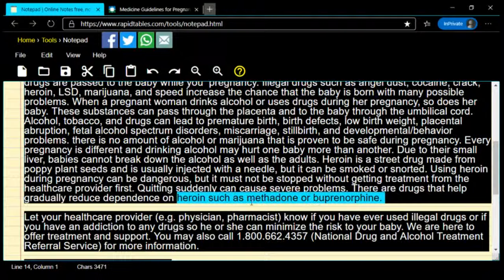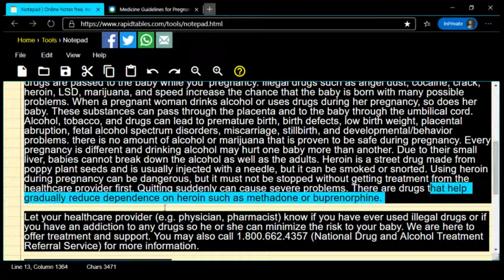Drugs like methadone or buprenorphine can help gradually reduce dependence on heroin. Very important drugs in medicine.